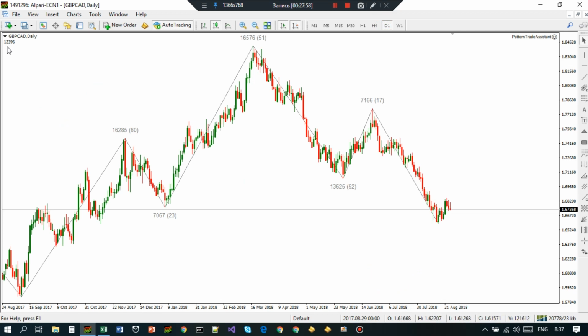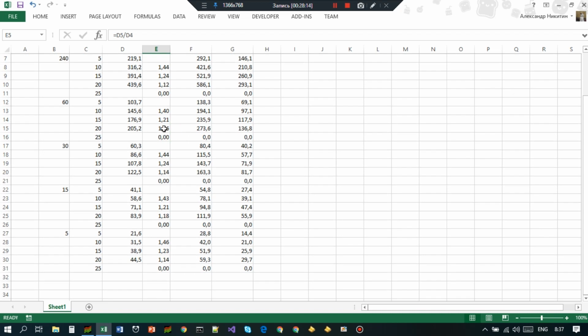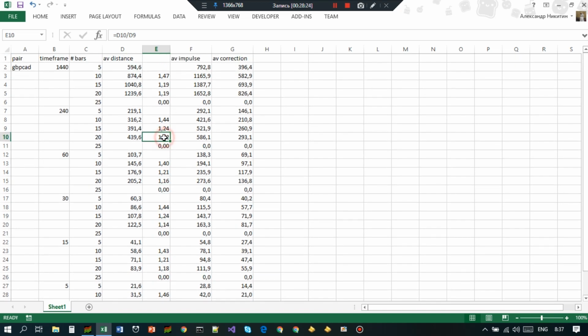What do we have? It is 1239.6. Daily has the greatest deviation, I suppose, because it has the smallest number of bars. Okay, so what does it tell me? It tells me that somewhere around 1.14, plus or minus some fractions, we have the ratio of that, 1.14, based on this algorithm.